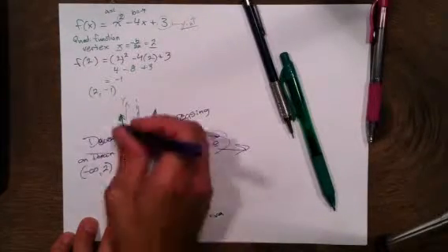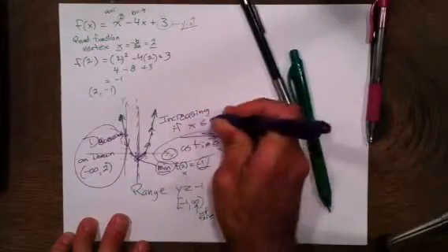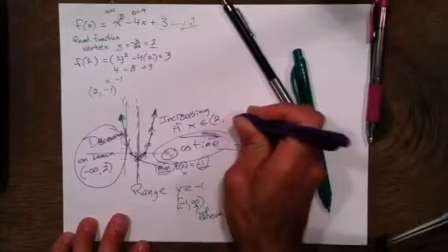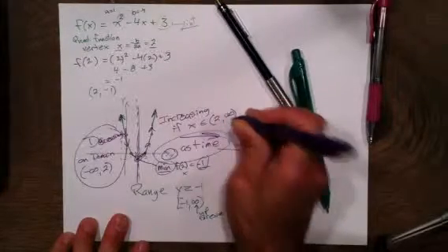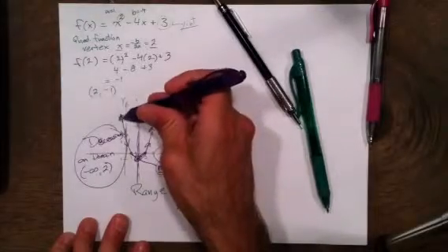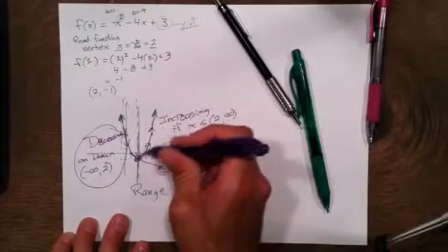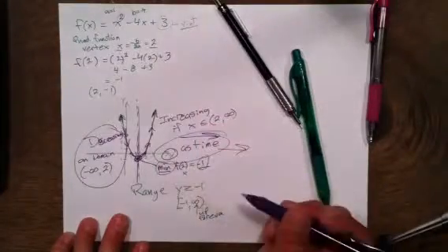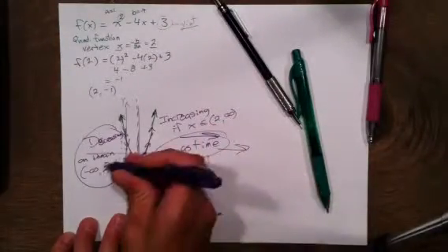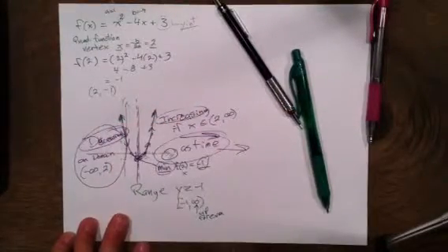It's increasing if x is in the interval from 2 to infinity. Now at 2, at that point at the bottom, it's neither increasing nor decreasing because we're dropping down. Then we kind of level out at that moment, and then we start to rise after that. So at 2, it's neither increasing nor decreasing. So there's never a square bracket when I'm talking about increasing and decreasing.